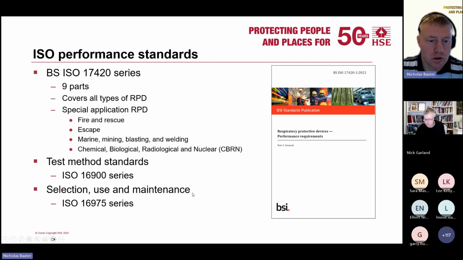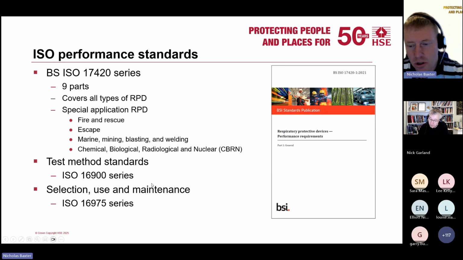What I'm going to introduce now is to put a bit of a spanner in the works and give you some information about something else that's on the future horizon. This is an international standard that has been developed. At the moment, across all the different countries, there are different standards for each type of RPE, each type of product. On an international stage, an ISO standard has been developed specifically for all types of RPE.